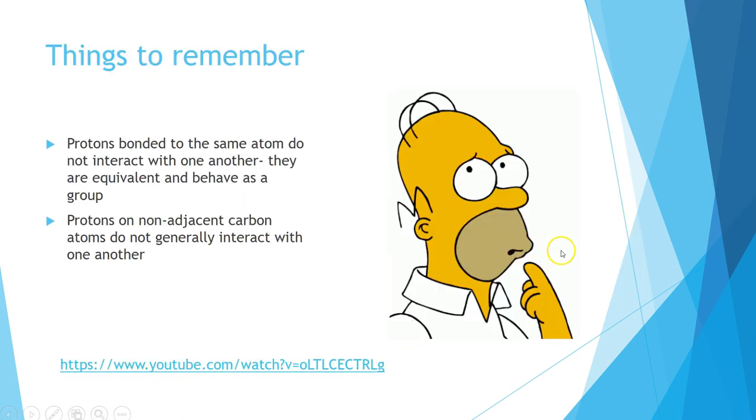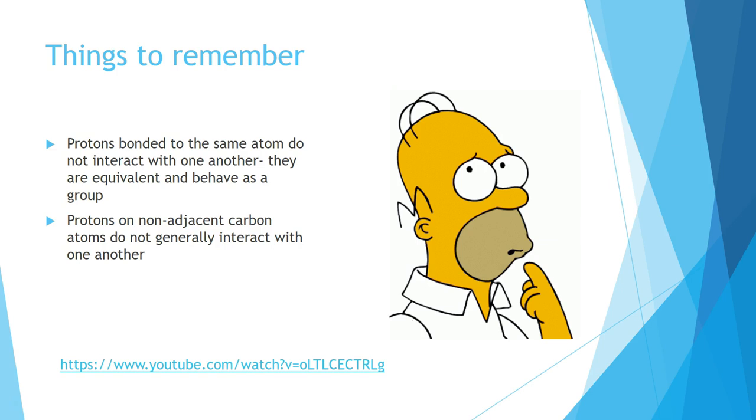There are a couple of things to remember. Protons bonded to the same atom don't interact with each other. Remember, they are in the same environment, so as far as the machine is concerned, they are exactly the same, equivalent, and they behave as a single group.